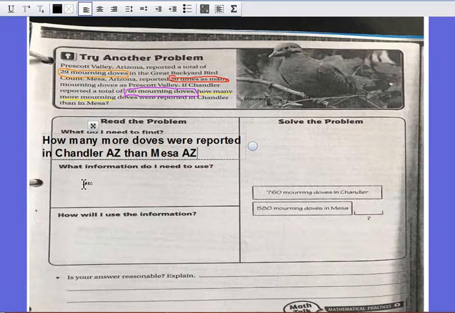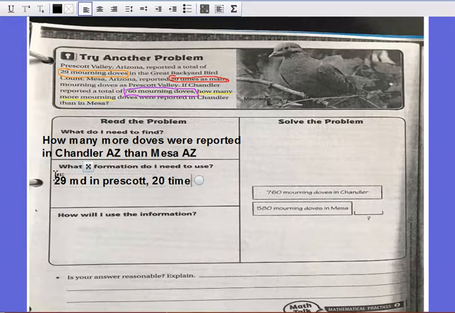Okay, so now what information do I need to use? You need to use that there's 29, I'm going to put MD for mourning doves for short, that there's 29 mourning doves in Prescott. Okay, and then there's also 20 times as many mourning doves as Prescott.